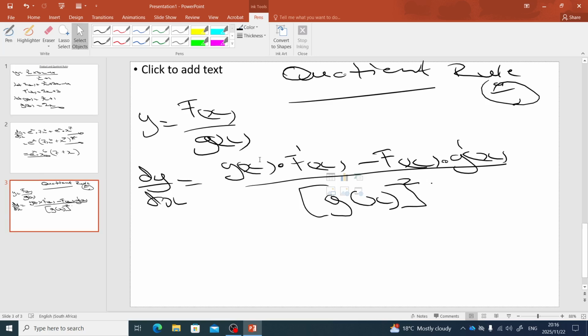Then from here, you can apply the formula.